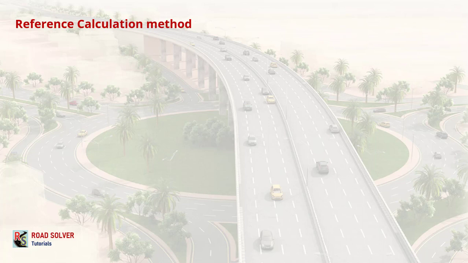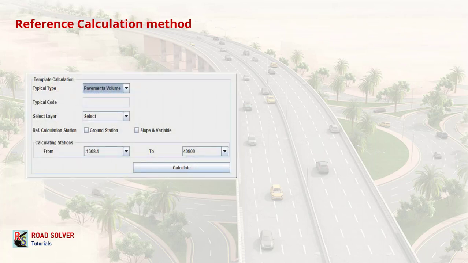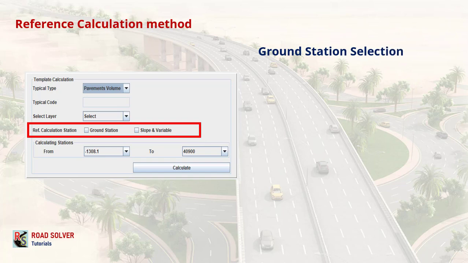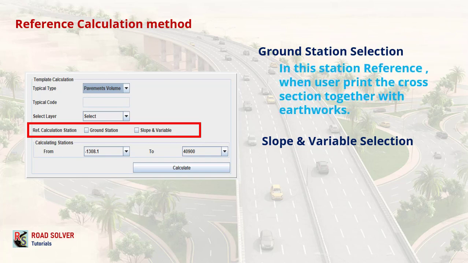Now in the method of calculation there is a reference calculation method which is used in the Road Solver program. That is the reference calculation, which is based on the ground stations, slope and variables. This means there is a ground selection, and after that slope and variable selections. If you select the ground, the payment layer levels will be calculated based on the ground stations only.